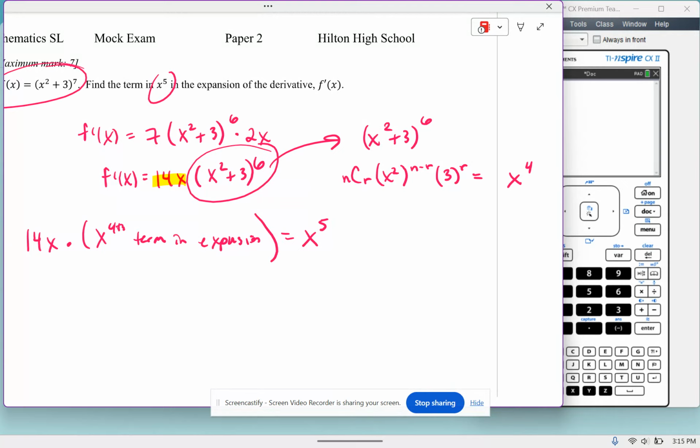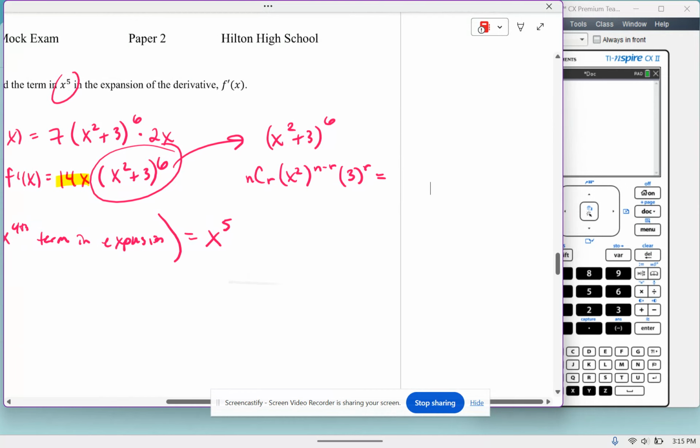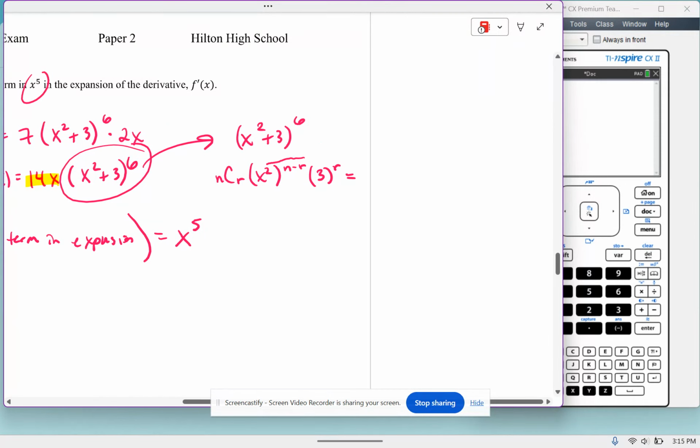If I want x to the fourth, what do I need here? This is the only piece that contributes to powers of x. N is what? Tell me n from up there. Good, so I'm just plugging in stuff that I see. So I need 2 times 6 minus r to equal 4, because I need x to the fourth. Yeah?